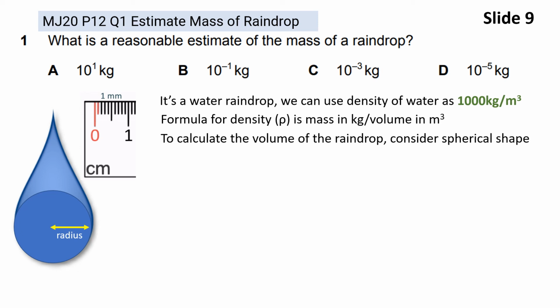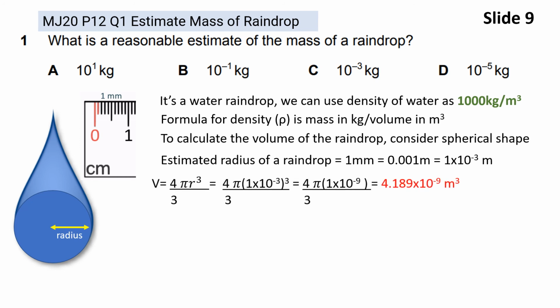Might be a little bit too big, but let's work with that one. So the estimated radius of a raindrop is 1 millimeter. Converting to meters, we divide by 1,000, which is 0.001 meter. In scientific notation, it is 1 times 10 to the negative 3 meter.